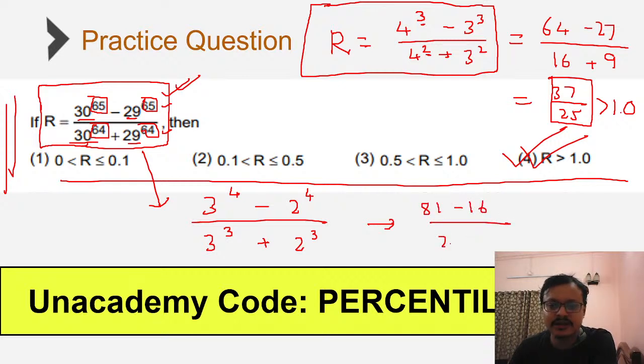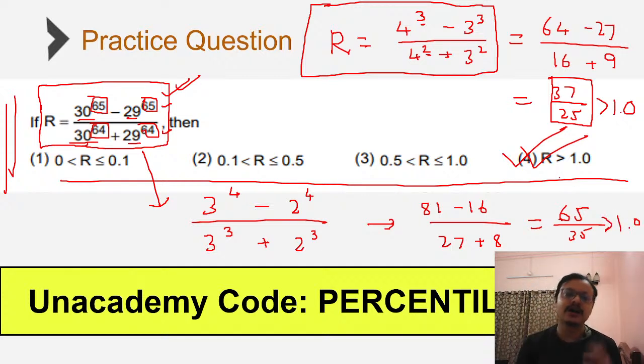In the denominator, 27 plus 8. So that is 65 by 35, which is again greater than 1. So it doesn't matter what example you take, you'll always get the answer to be greater than 1. Hence the answer is option D, that is r is greater than 1.0.